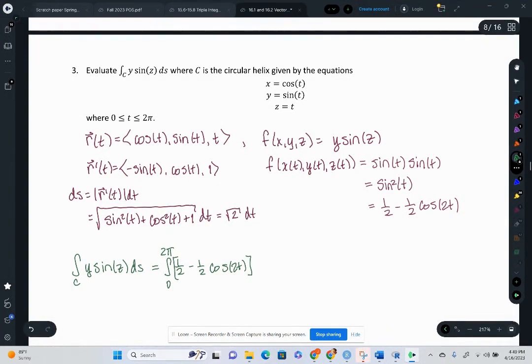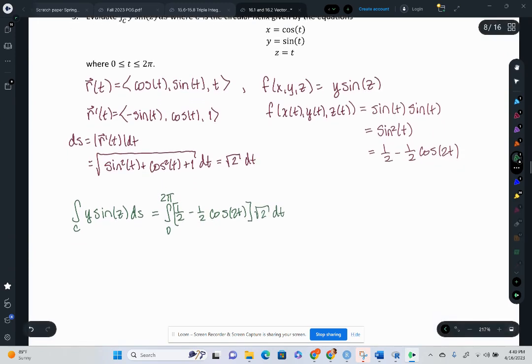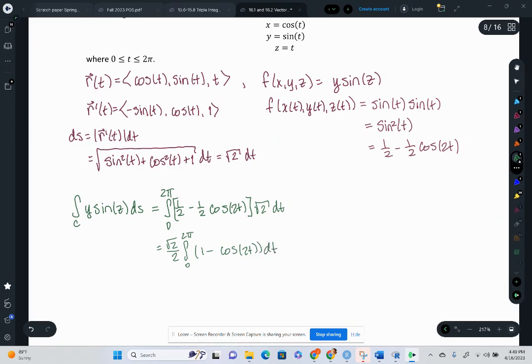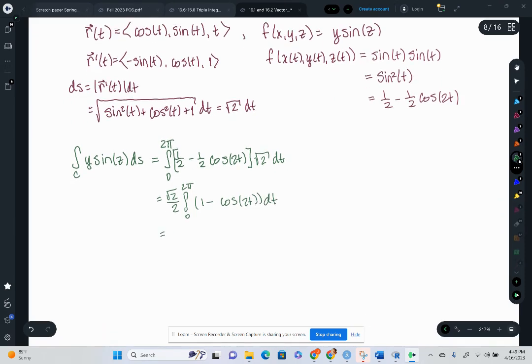And then not a dt yet. Now ds we found to be the square root of 2 times dt. Okay, we're just about there. I can factor out a square root of 2 over 2 on this integral. Leave behind 1 minus cosine of 2t dt. All right, so the square root of 2 over 2 stays outside.